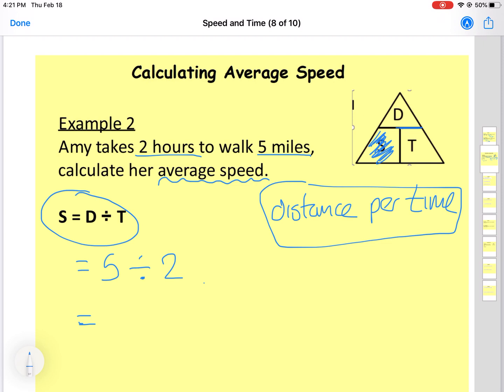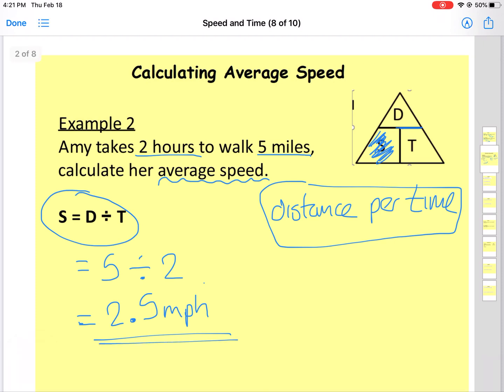So miles per hour, kilometres per hour, metres per second, if we're using those two units. Just to try and keep it as normal as possible, as everyday life as possible. So 5 divided by 2 gives us 2.5, and our units are going to be miles per hour. So mph is the standard notation for miles per hour.